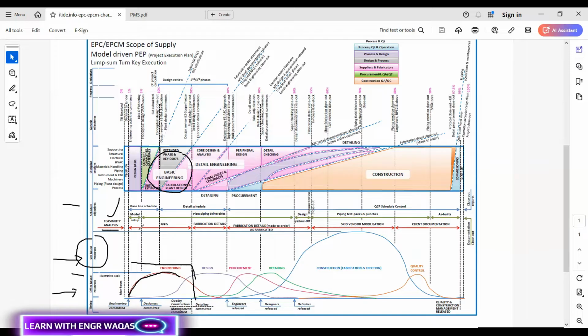So what does feasibility mean? Whenever your project is going to start, whether you talk about a building, road, power plant, or refinery, you need to evaluate your project with respect to your budget: whether it is economically feasible or not, and technically as well.